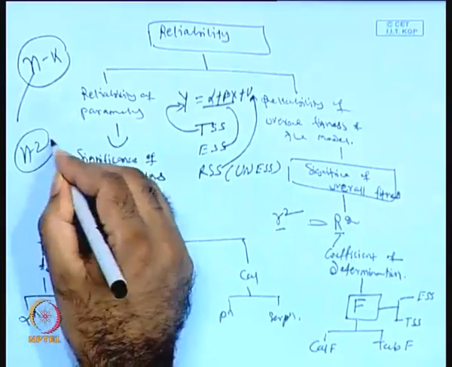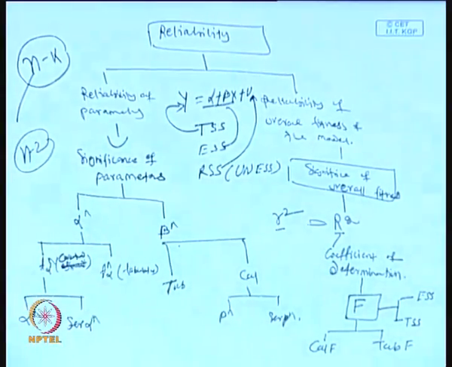For this bivariate model k is usually 2, so the degrees of freedom is n minus 2. K represents the number of parameters or variables in the system. This determines the degrees of freedom.